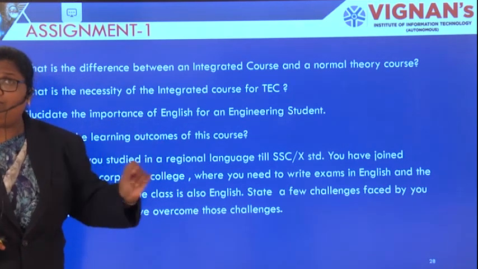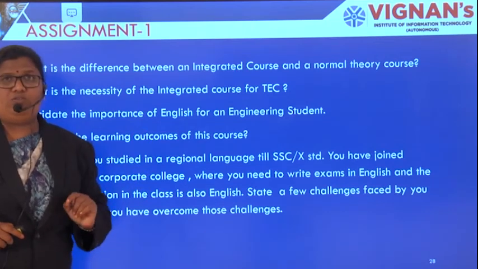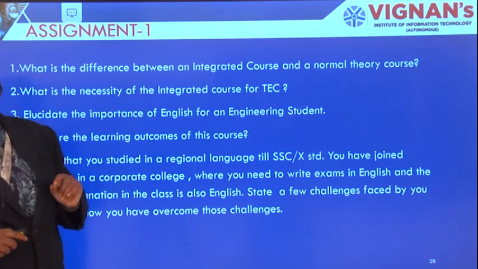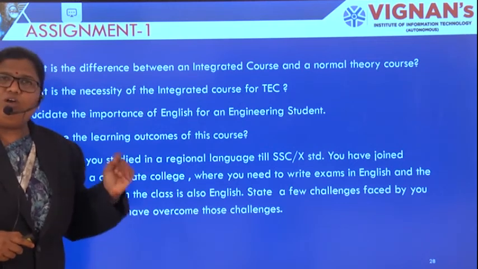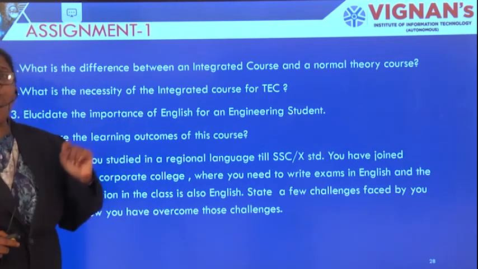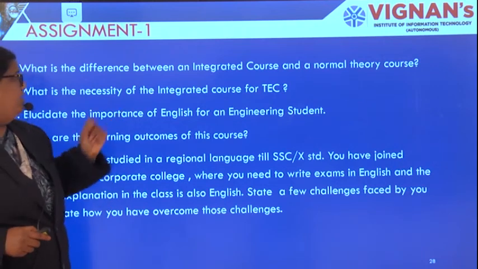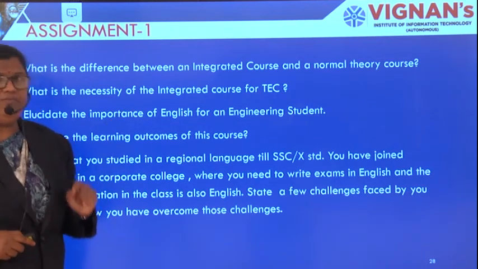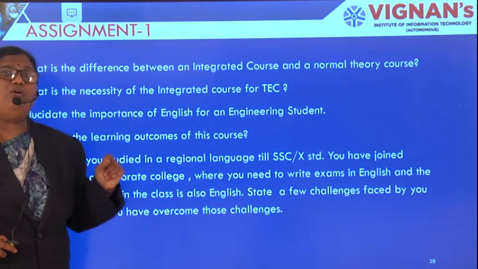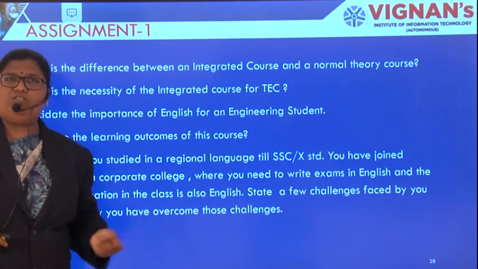Initially I told you technical English communication is an integrated course. So we want you to tell the difference between an integrated course and a normal theory course. And the second one: what is the necessity of an integrated course, especially for technical English communication? And the third question: elucidate the importance of English for an engineering student.